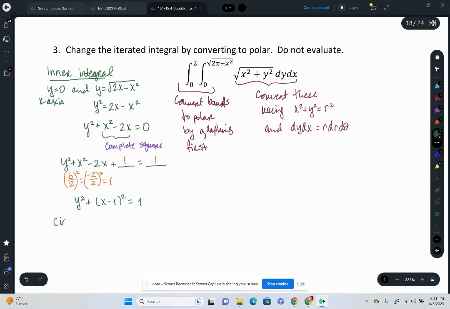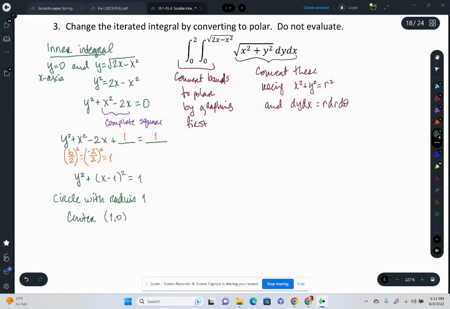So this is a circle with radius 1 and center at 1, 0. I can draw that. That's not a problem. So I'm going to draw it, and the center is a bit weird. That's okay.